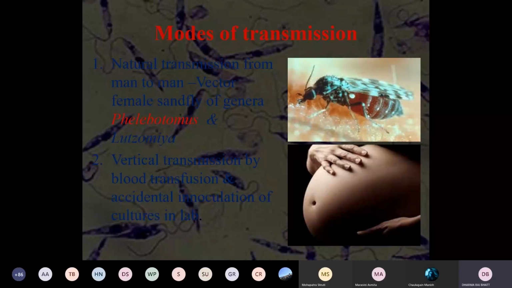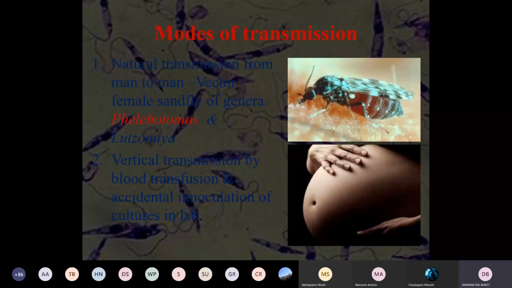And sometimes, though this is also not very common, there is accidental inoculation of the culture in the laboratory. This is particularly hazardous for persons working in the laboratory, especially those handling live cultures, growing Leishmania, which is not a common practice in diagnostic laboratories but is mostly performed in research laboratories.